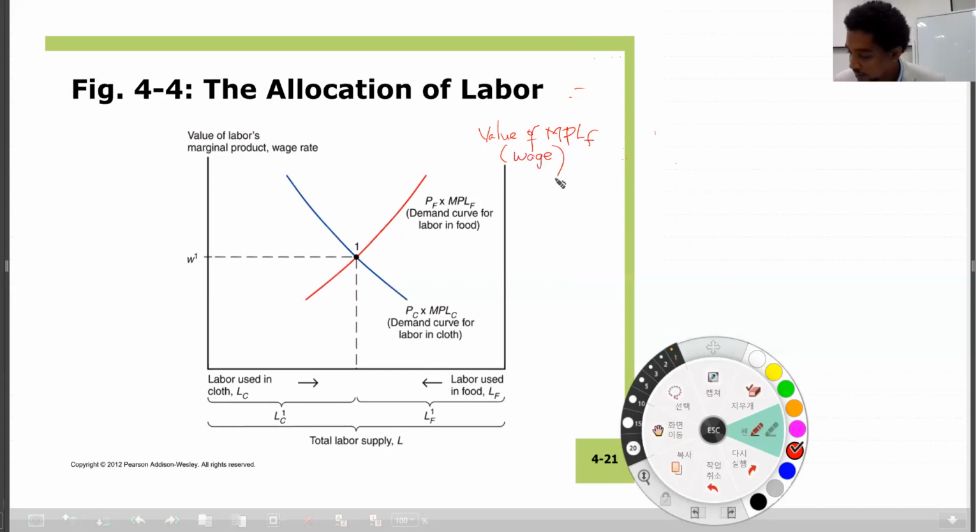The red curve is for this one, and the blue curve is for this one. As we've said, the x-axis is labor, right?